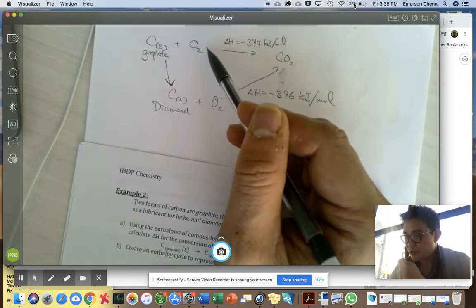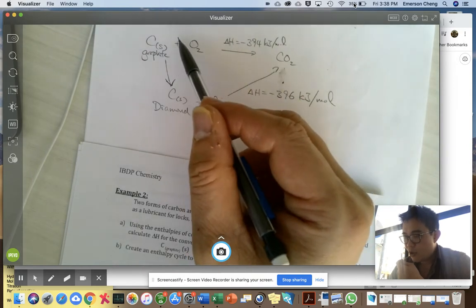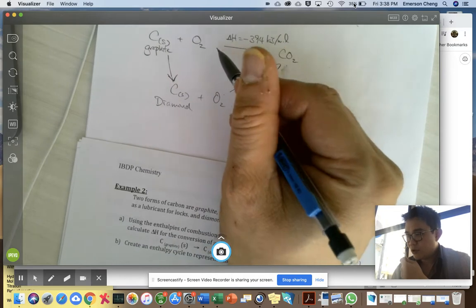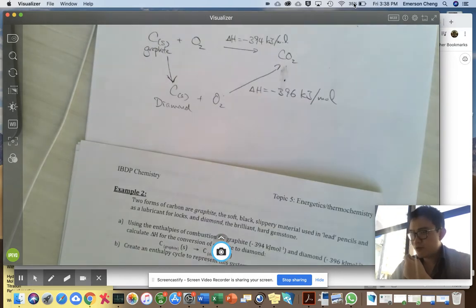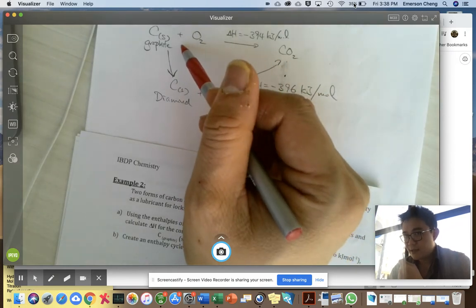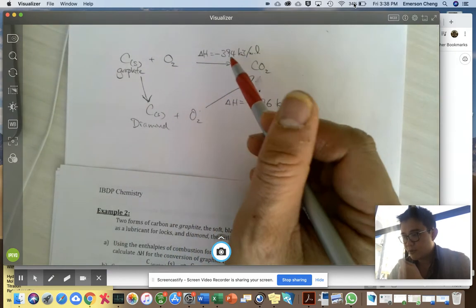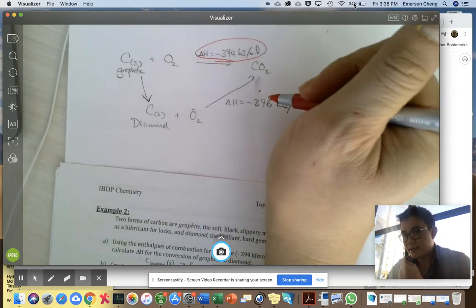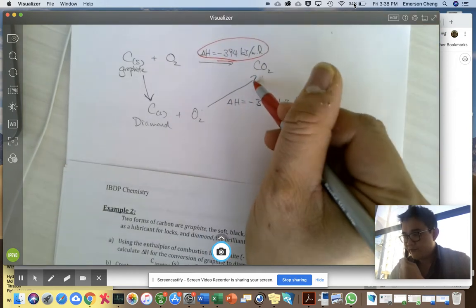So in this case, it's going indirectly back down here. If you're going to go back this way, I'm going to use a different color to show the difference. You're still going this way, so it's still minus 394, but you have to flip this equation.